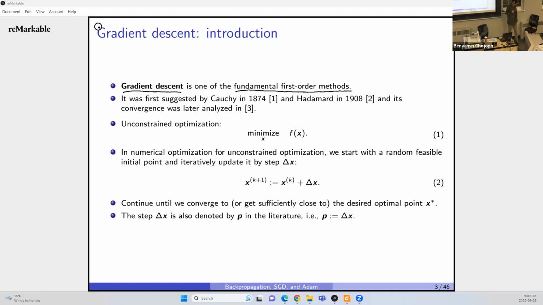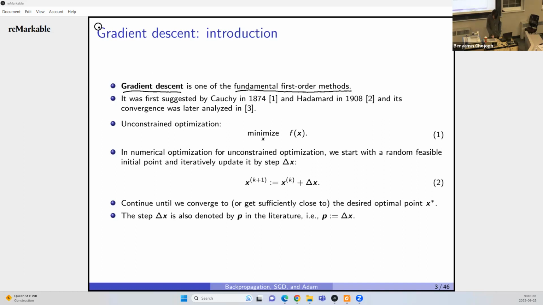Depending on whether you use the first order derivative or both first and second order derivatives, you will have first order optimization or second order optimization. There are a lot of algorithms in both. The most famous one in first order optimization is gradient descent, right? It's like going down a mountain. Gradient ascent is like going up a mountain.